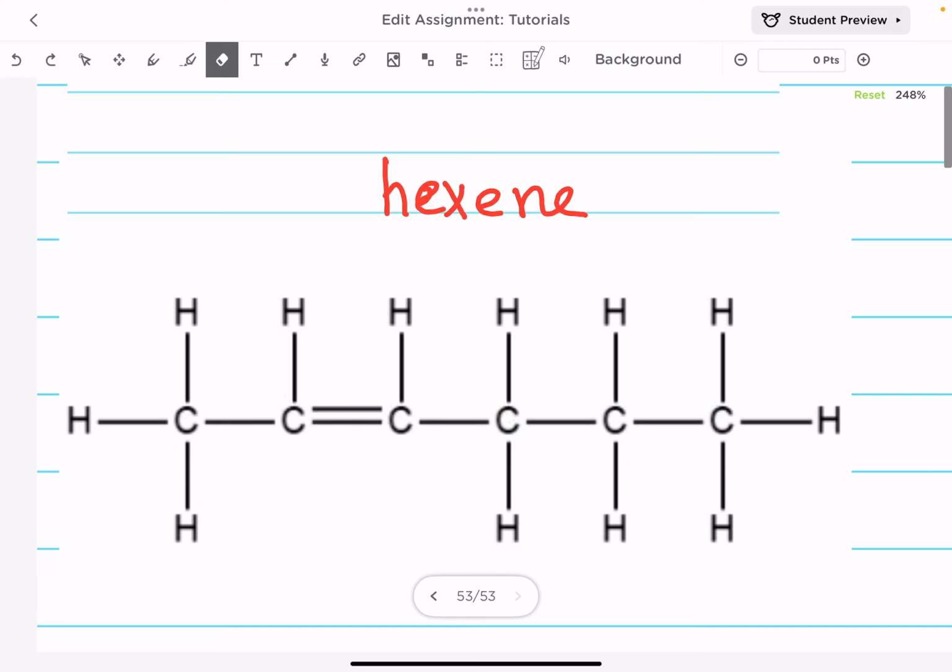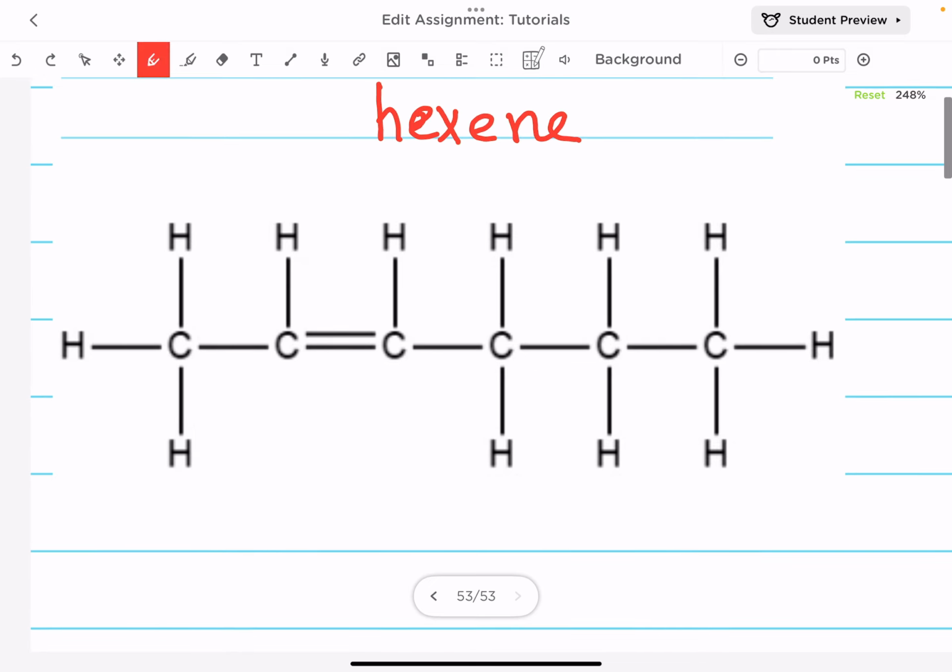However, there are some priorities we need to consider when naming an alkene. In naming the alkene, the priority goes in numbering from the side that is closer to the double bond. So if you number from here, 1, 2, 3, 4, 5, your double bond is on the second. It says 2-hexene.